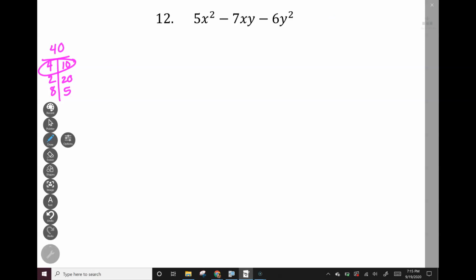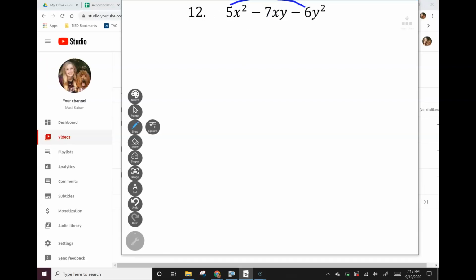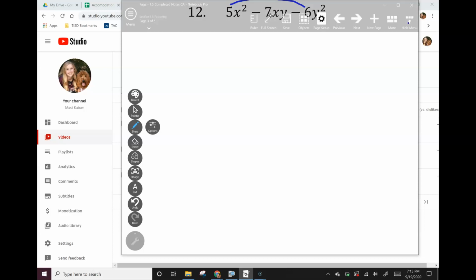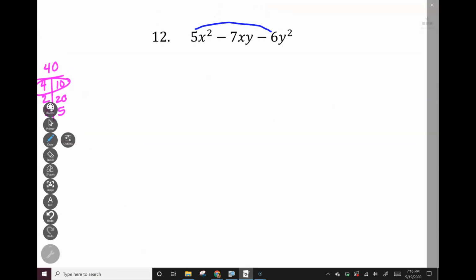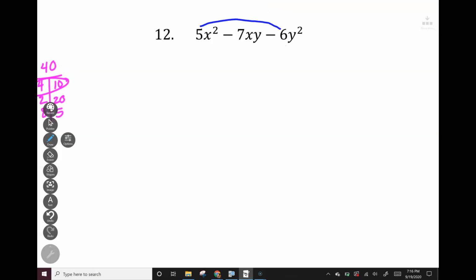Okay, two numbers that multiply to give us negative 30. 2 and 15, 3 and 10, 5 and 6. Okay, so they need to add to give us negative 7.